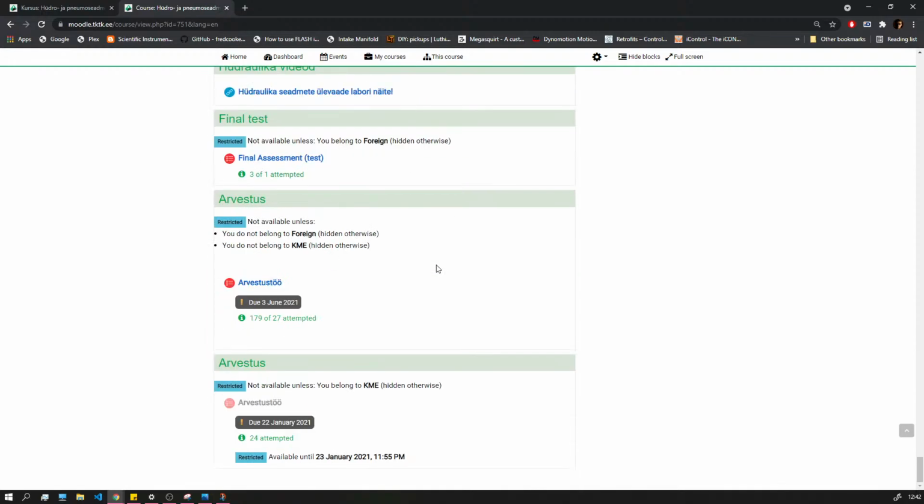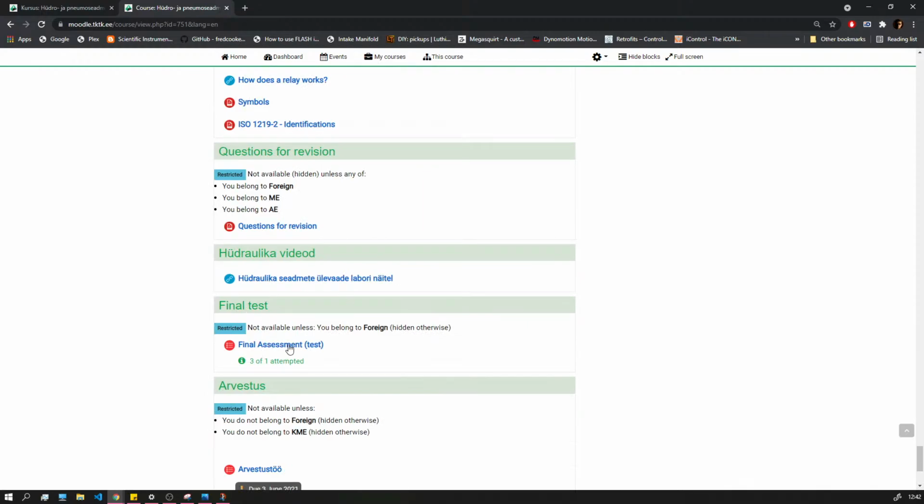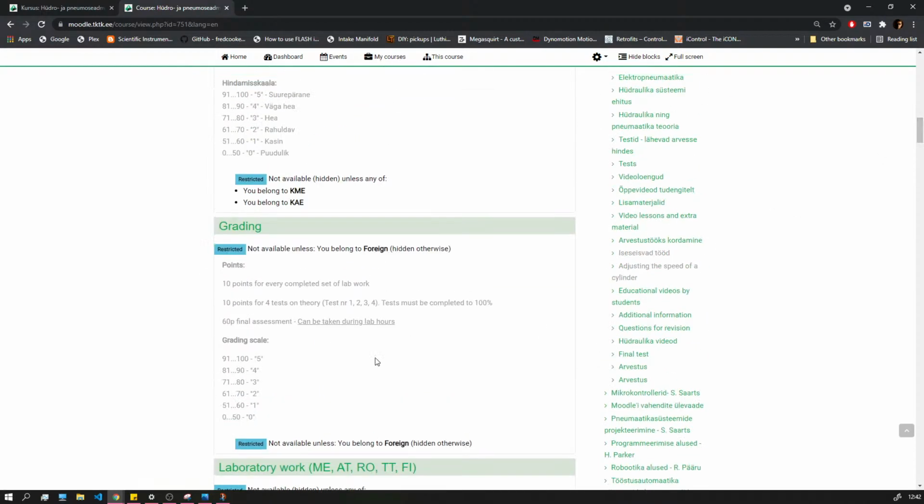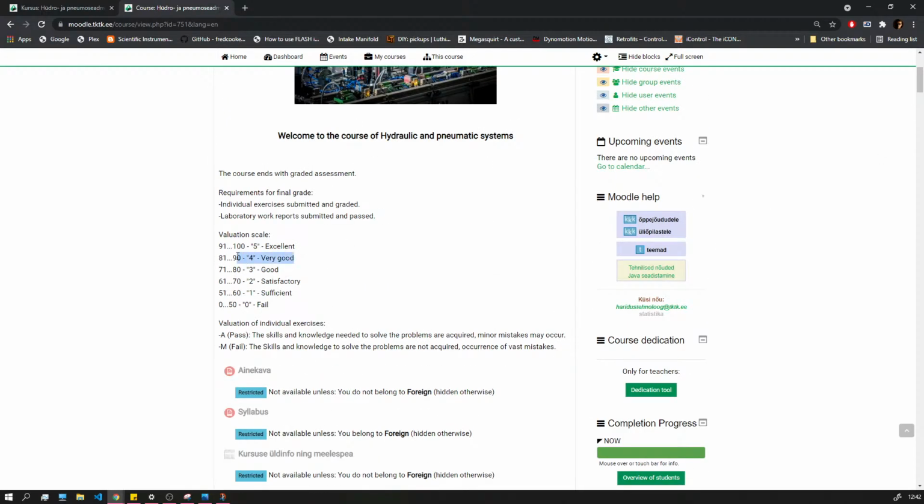And finally, you have the final assessment that will give you an additional maximum 60 points. So you can theoretically get 4 to 5, the good or excellent grades. It's not that hard to do that.